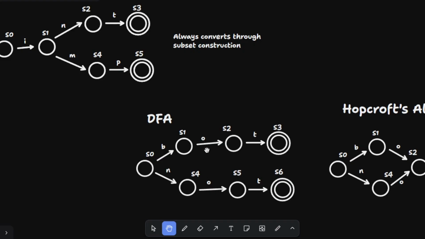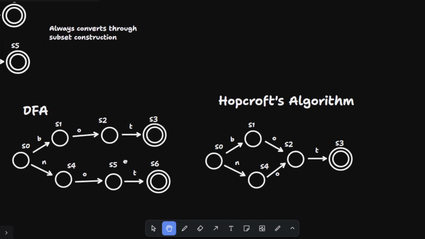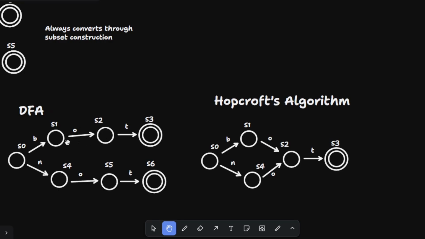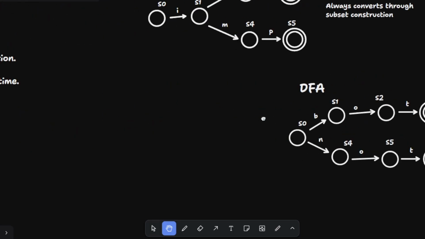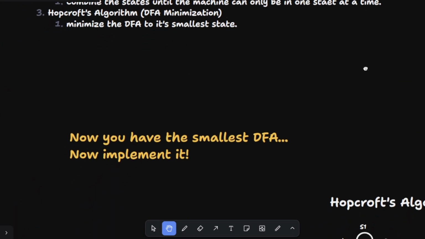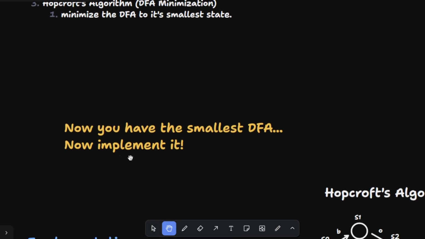And then we have the letters O and T that are the same for both of the words. So instead of having two separate paths like here, we can simply collapse them to separate and then go back together. So now this is the provably minimum deterministic finite automaton. So that's what Hopcroft's algorithm does.